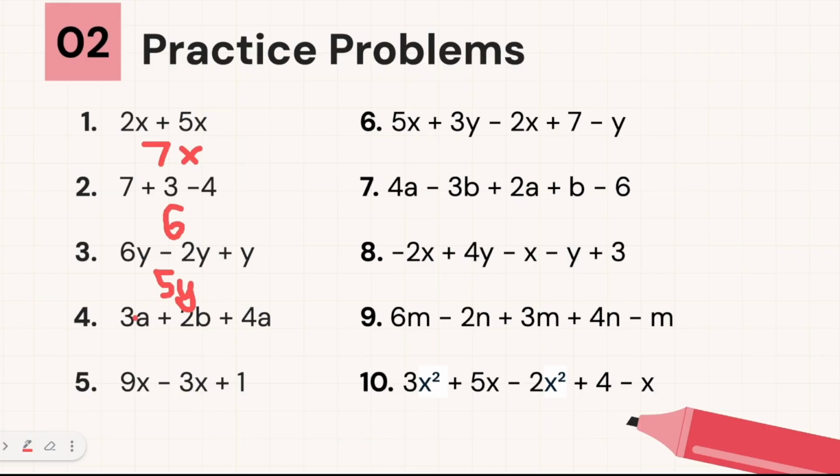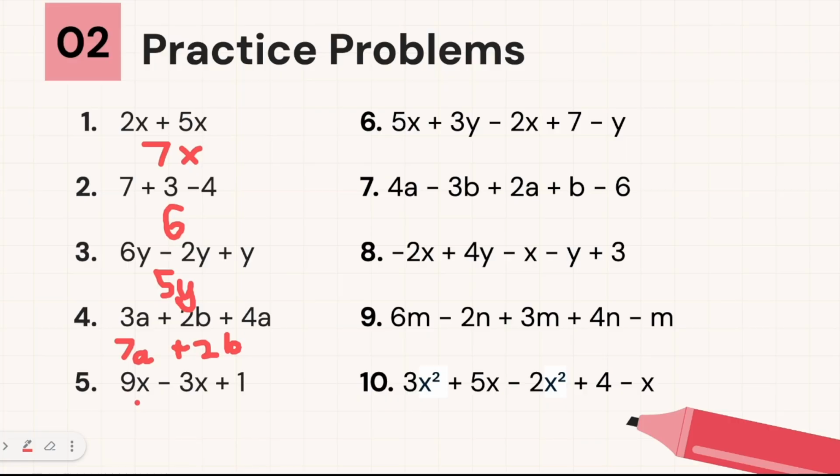So as we can see, we have two different variables in this expression, which means that we will need to group the terms 3a and 4a. 3a plus 4a is 7a. And then we have plus 2b, which cannot be grouped with anything in this expression. So 7a plus 2b is our final answer for this one.